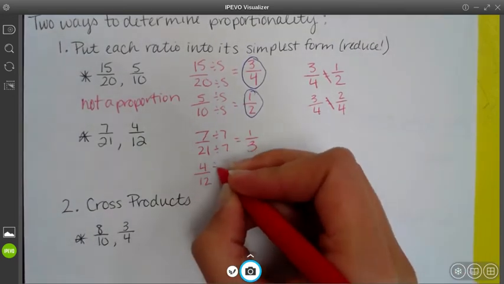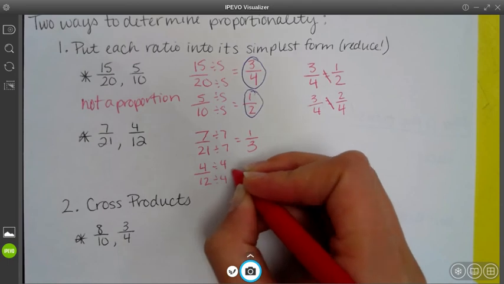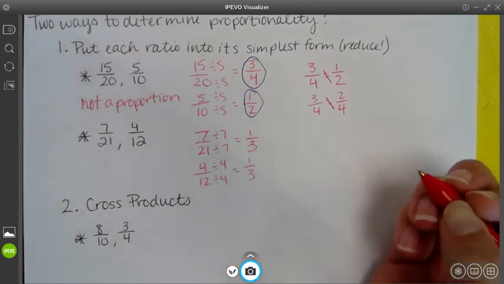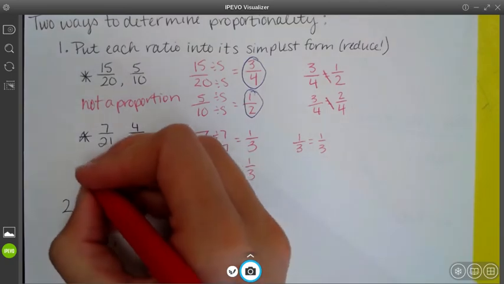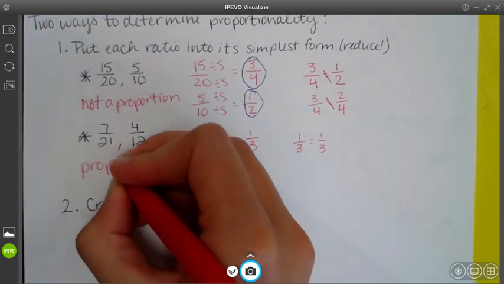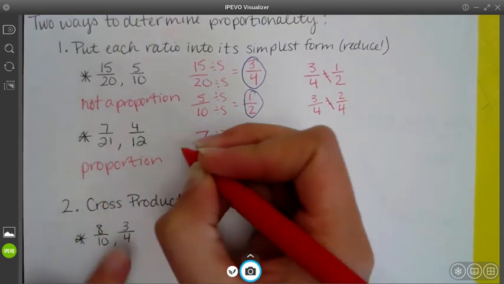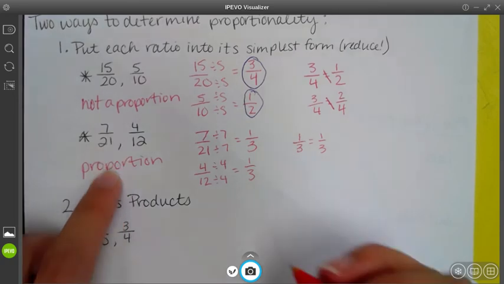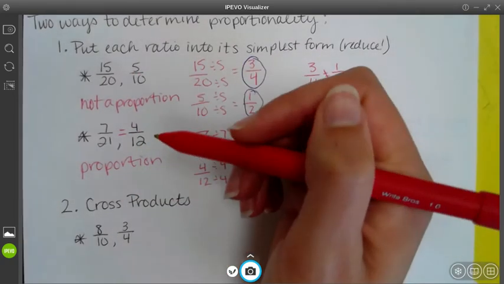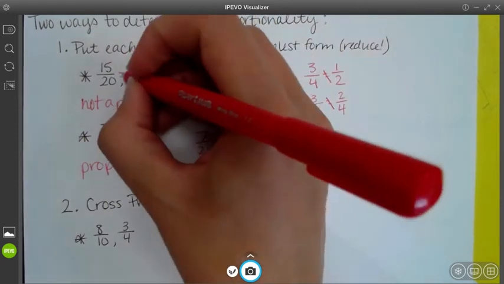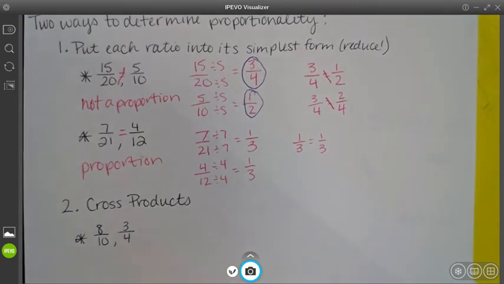I can divide both of those by 4, and I get 1 over 3. Well, 1 over 3 equals 1 over 3. So yes, it is a proportion. These two create a proportion. So I can put equal signs in between those, where up here, I couldn't, right? If I had equal signs, I'd have to do the non-equals there.